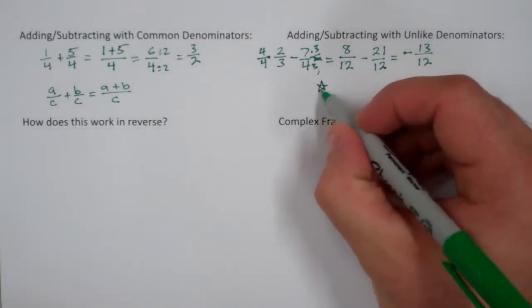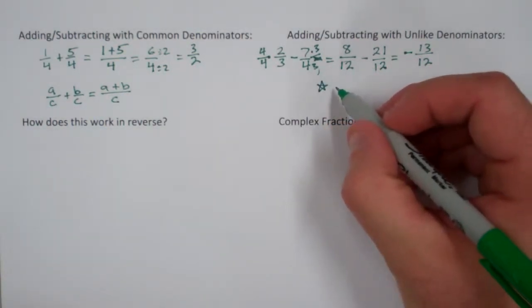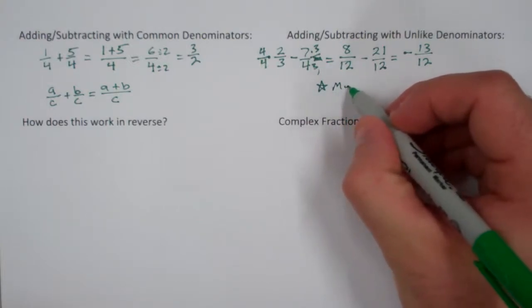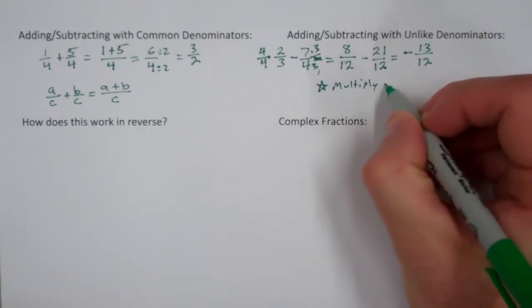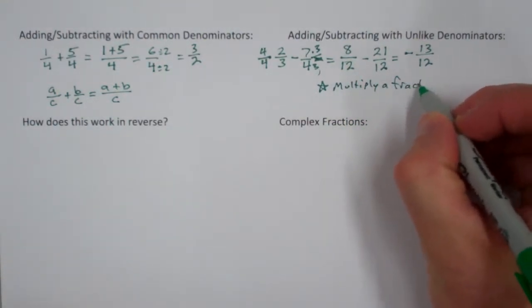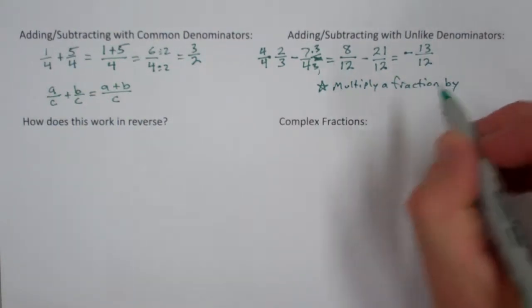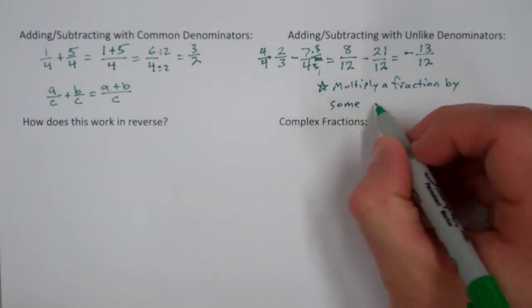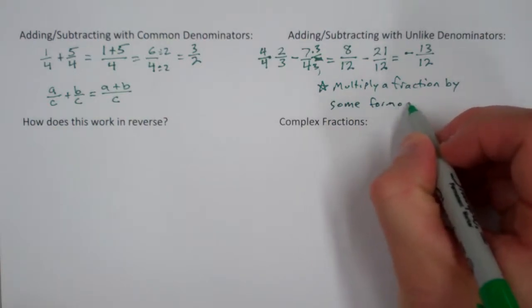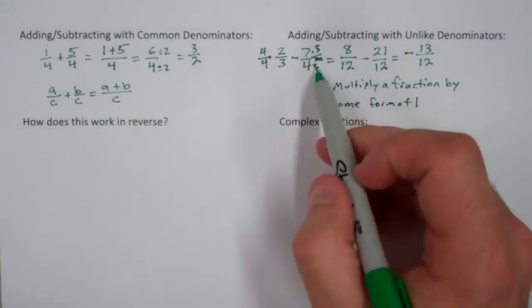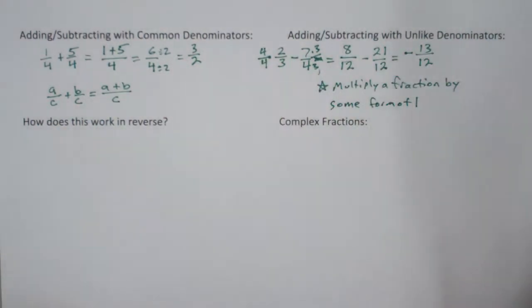And I just want to make one little comment: you can multiply a fraction by some form of 1. And by some form of 1, I mean 3 over 3, 4 over 4, sine over sine.